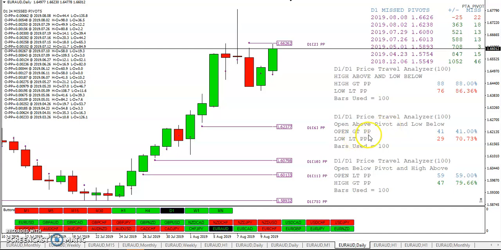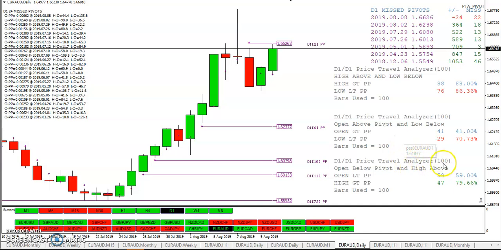Now, if it opened above the pivot and the low crossed below, that was 70% of the time. If it opened below the pivot and then the high crossed above it, that occurred 79% of the time out of the occurrences. So here, out of 41 times open greater than pivot, the low was less than the pivot 29 times, or 70% of the time.